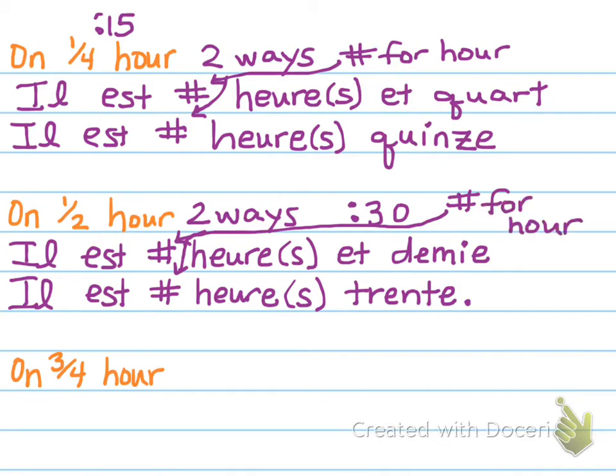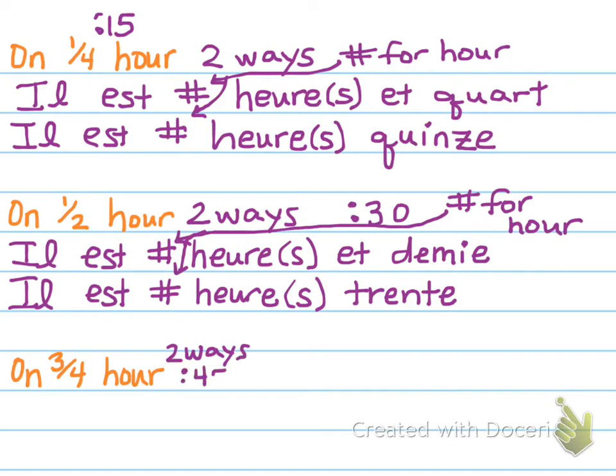So if it is 9:30 in the morning, I could say it two ways. One way is il est 9h et demie du matin. My other option is to say il est 9h30 du matin. So either way works. On the three-quarter hour, also two ways.